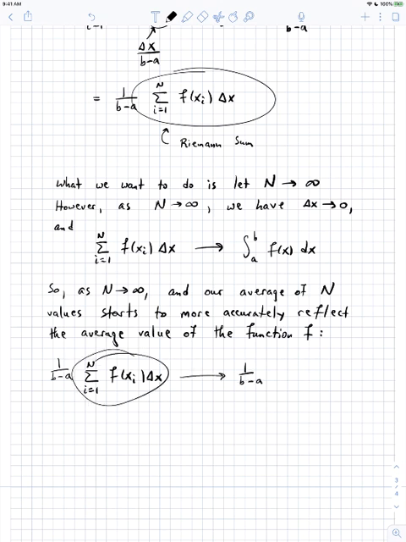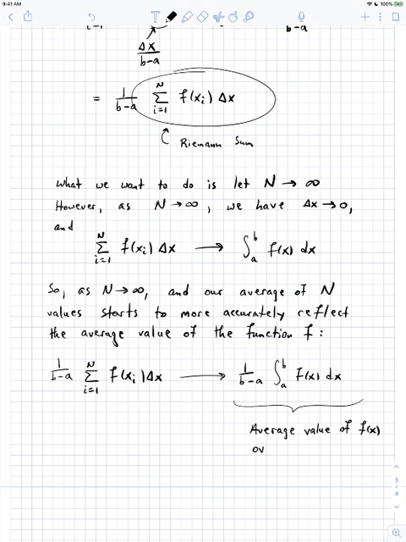As we've just mentioned, this sum here goes to the definite integral from a to b of f of x dx. And so this we take to be the average value of f of x over the interval from a to b. And that's why the average value is defined the way that it is.